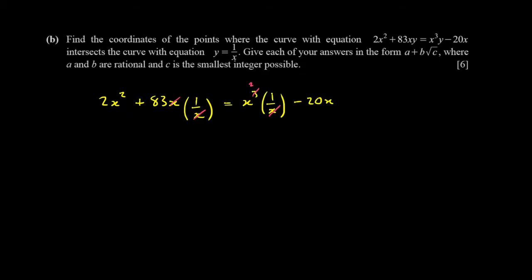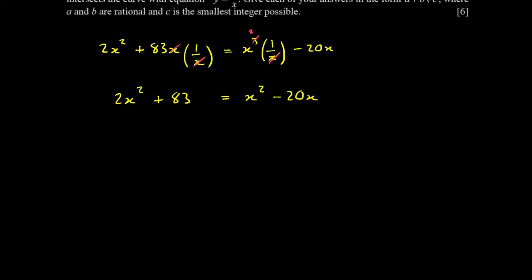So if we simplify this, we get 2x squared plus 83 is equal to x squared minus 20x. Rearranging this a little bit, I'm going to subtract x squared from both sides, so we get x squared here, and I add 20x to both sides, so x squared plus 20x plus 83 equals 0.